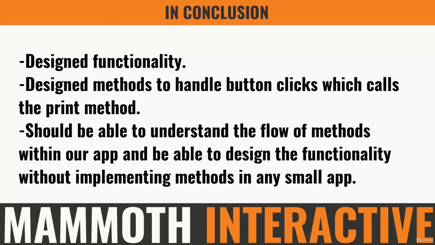So by now you should be able to understand the flow within our app, so which functions will call which functions, and be able to design functionality without implementing methods in any small app. Implementing methods is the harder part, but I think it's important to get an understanding of the flow and which methods are going to call which before we actually implement them.